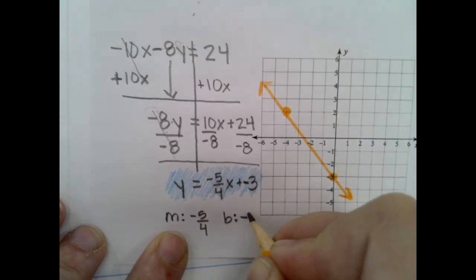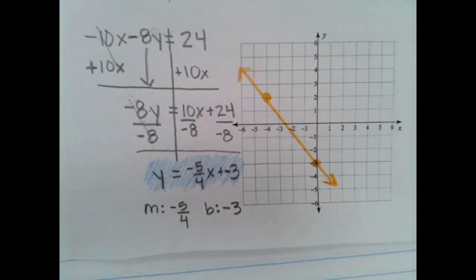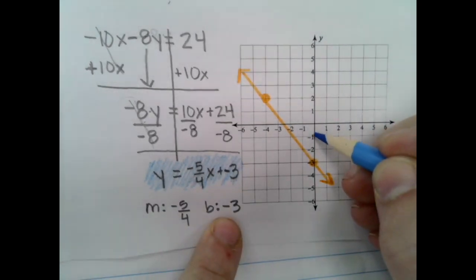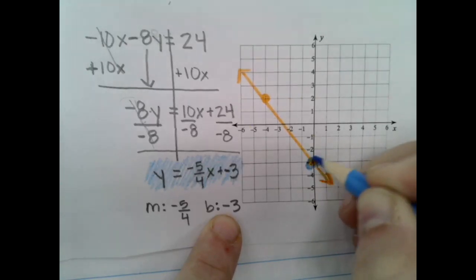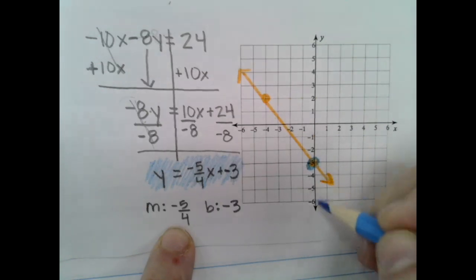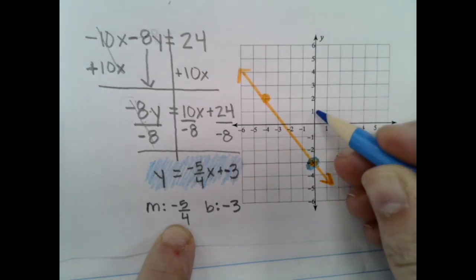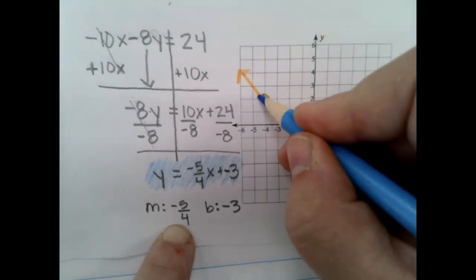Negative 3. So we start at negative 3. Oh, can't go down 5, so we're going to go up 5. But so the negative would be, oh, we end up on the same line.